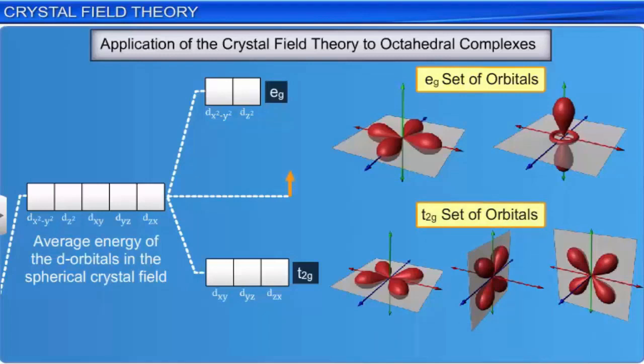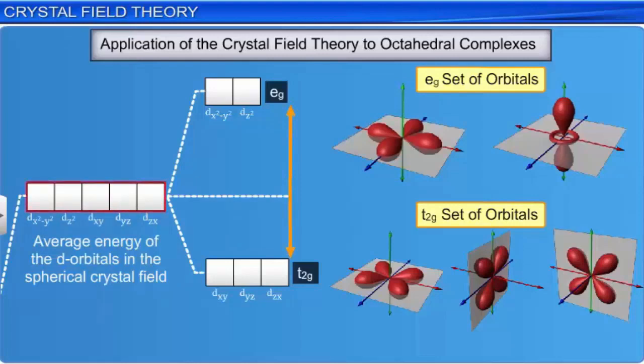The remaining three d orbitals, that is dxy, dyz and dzx, are lying in between the axes. So these three orbitals are called what? T2g orbitals.